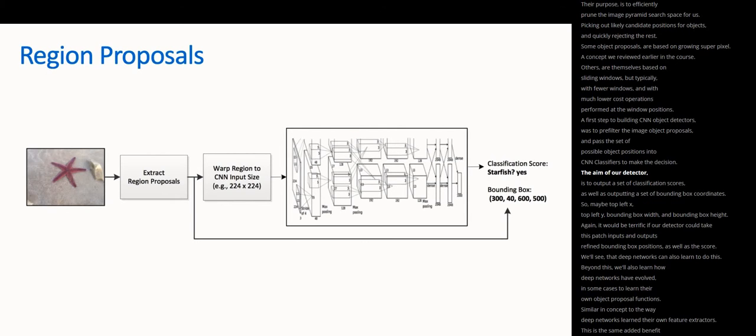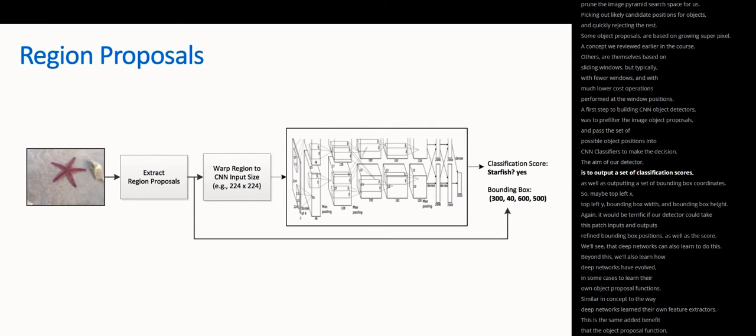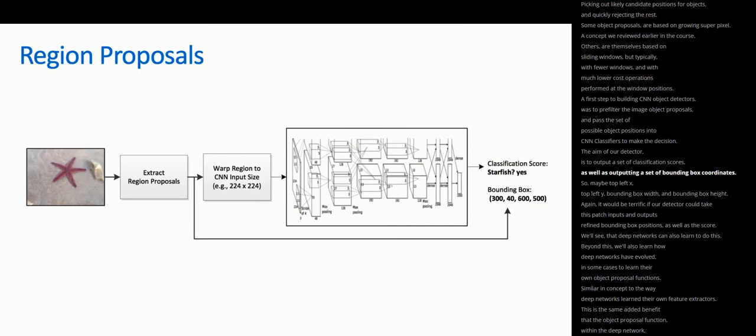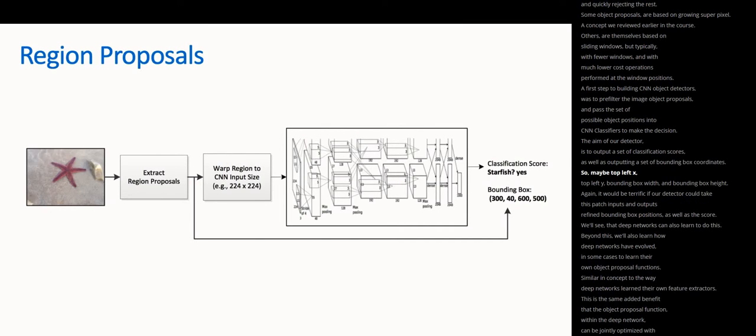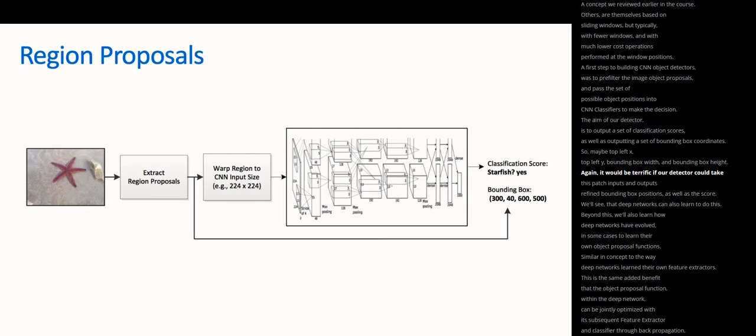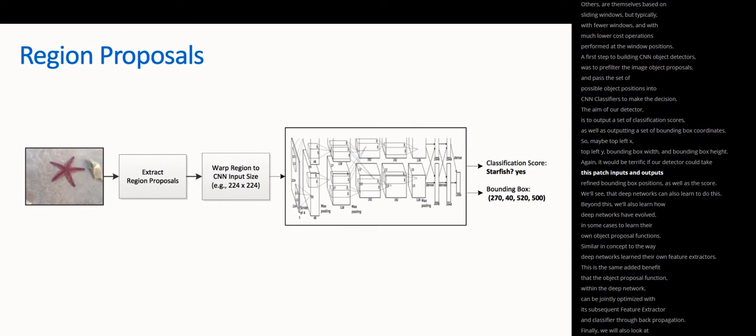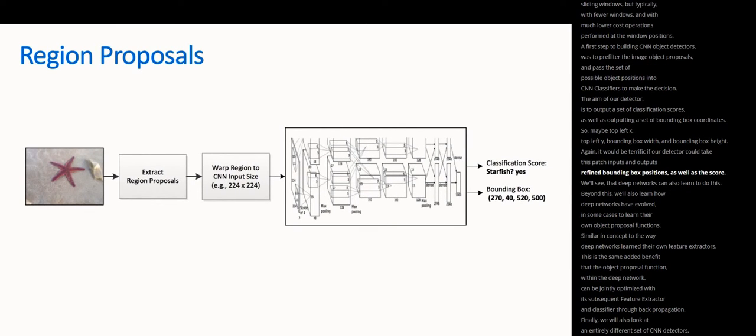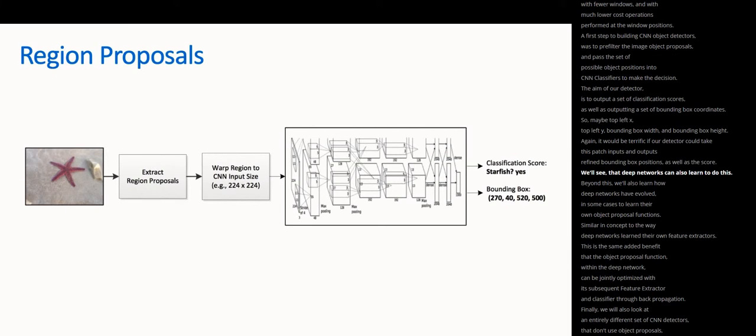The aim of our detector is to output a set of classification scores, as well as outputting a set of bounding box coordinates. So maybe top left X, top left Y, bounding box width, and bounding box height. Again, it would be terrific if our detector could take this patch input and output refined bounding box positions, as well as the score. We'll see that deep networks can also learn to do this.